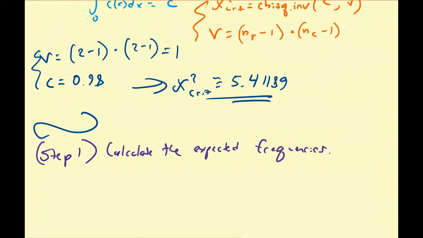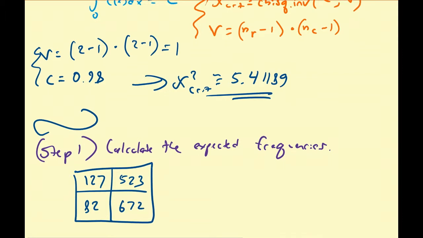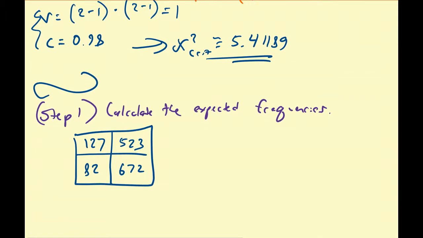So let's go back to our data values, and I'm going to abbreviate it in this table. 127, 523, 82, and 672. This is what we call the observed frequencies. Of course, this is going to be the male, female, smoking, and non-smoking.